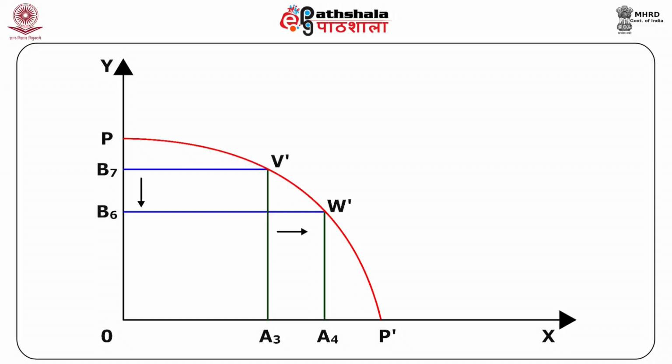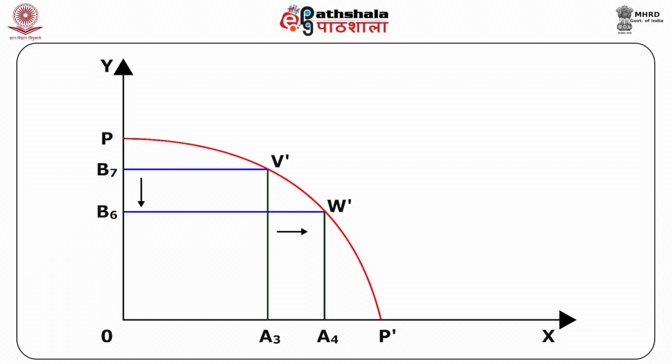Now, if the production of Y goes down from B7 to B6, then consequently, if there is full utilization of resources, it stands to reason that the production of X should increase.